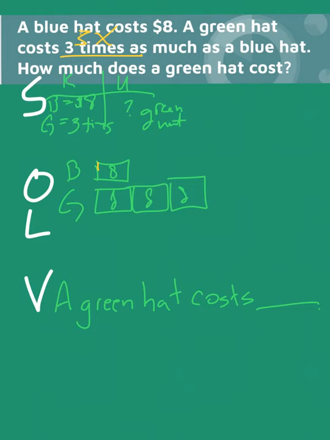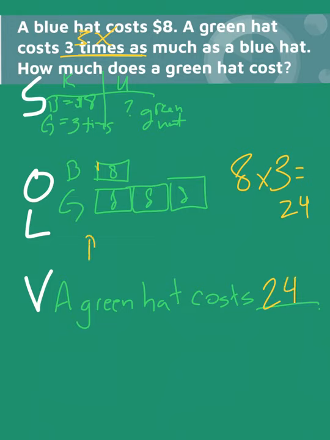It's not super important to know that, but it is important to understand that you're using an original quantity and you're going to multiply it, in this case, by 3 times. Okay, so let's launch this. 8, which is the blue hat, 3 times over is 24. And that is how much the green hat costs.